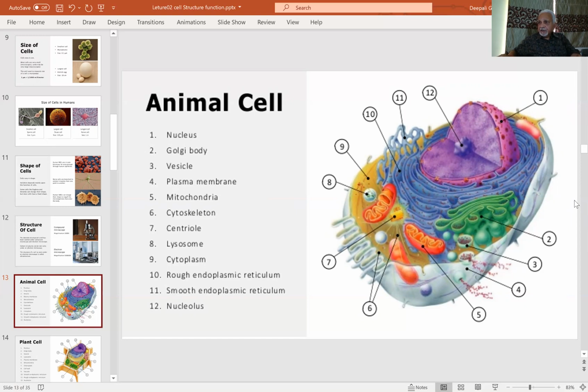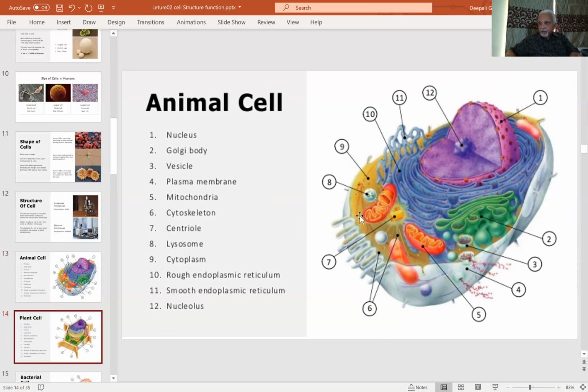This is the typical structure of an animal cell, which is surrounded by a membrane, the plasma membrane, what we call, it is encapsulated, and within that you have these many organelles, and all these organelles perform specific functions within the cell.